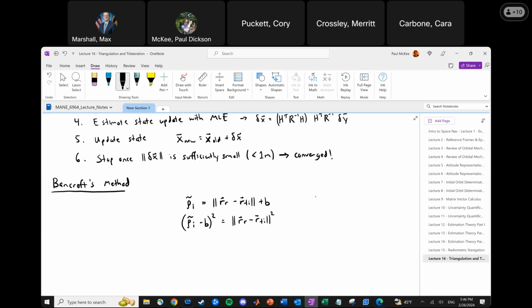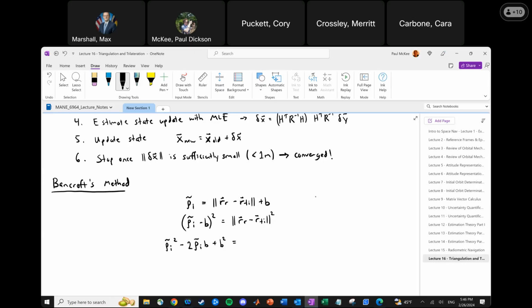This is going to be rho sub I squared minus 2 rho sub I b plus b squared, equal to r sub r minus r sub ti transpose r sub r minus r sub ti. We don't take the square root because it cancels out.